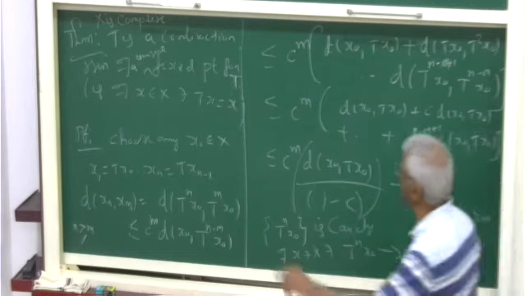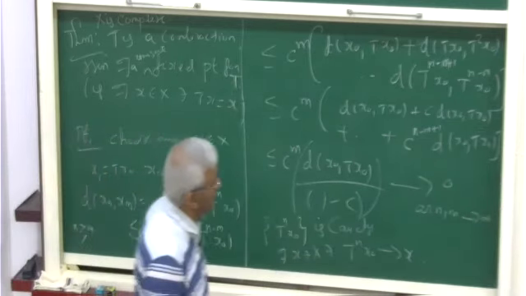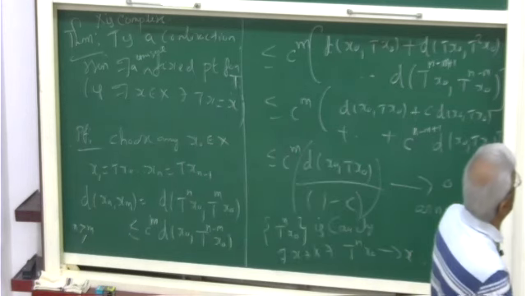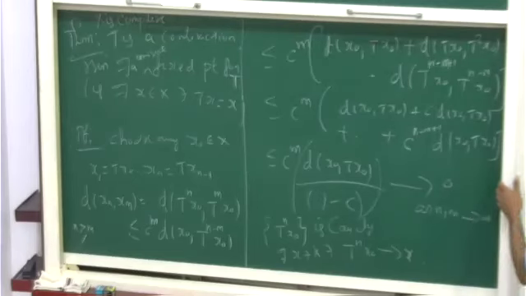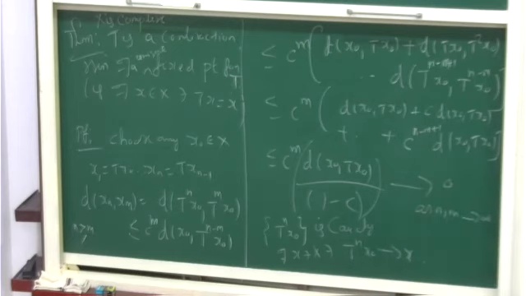We started with x naught. Oh yeah, you are right, sorry. We are applying to x, inside the limit. Yeah, correct. Now everything is fine.